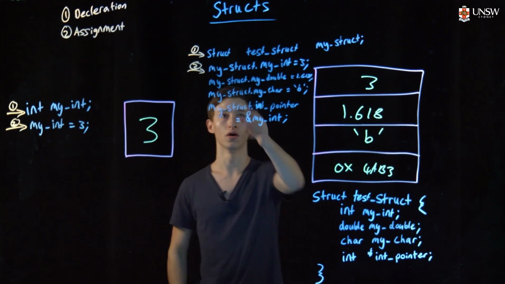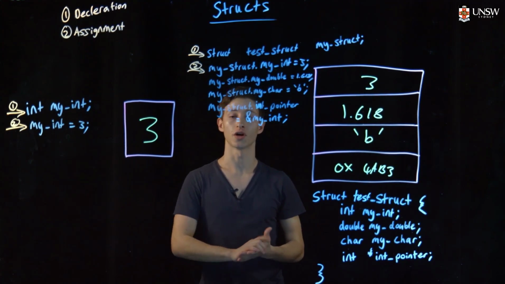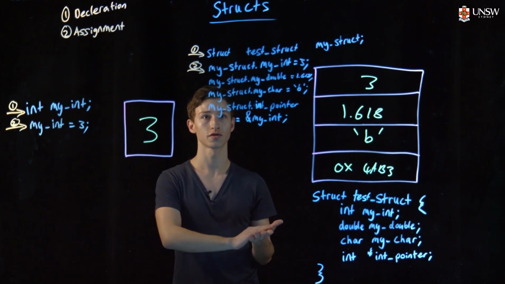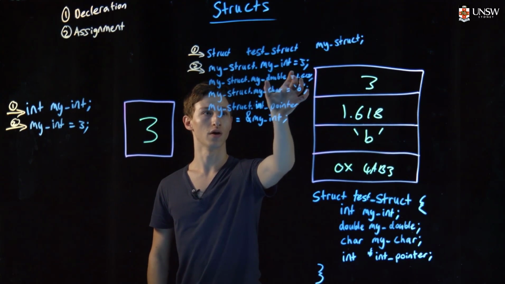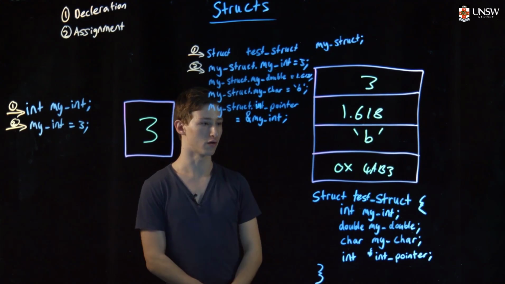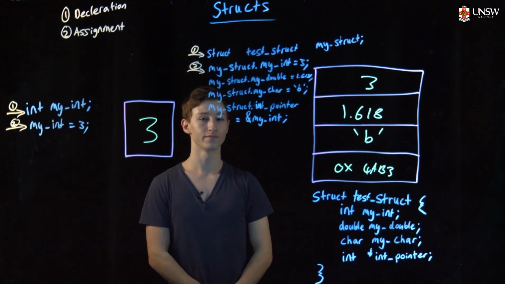So straight away we'll go my struct dot my int equals 3. So if this dot notation isn't familiar, maybe just go check the lecture notes. It has been covered in lectures. So here we can set all of the values. So similarly, my double, my char, my pointer. Here I put on the next line because it didn't quite fit, and that should assign all of these fields.